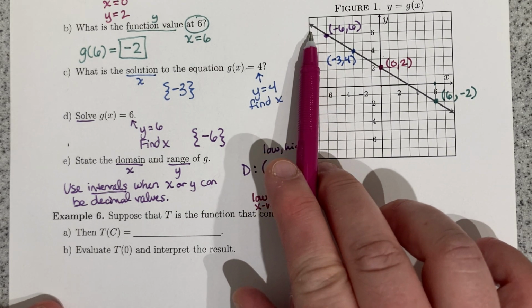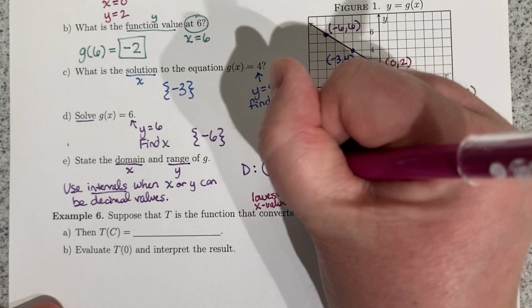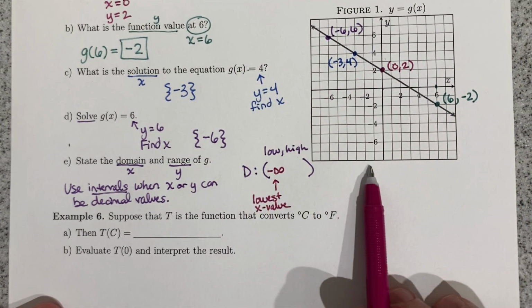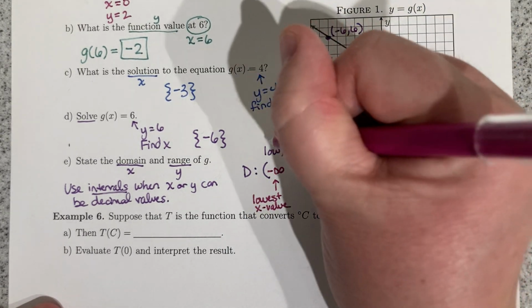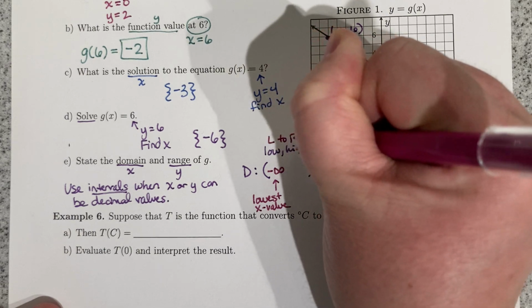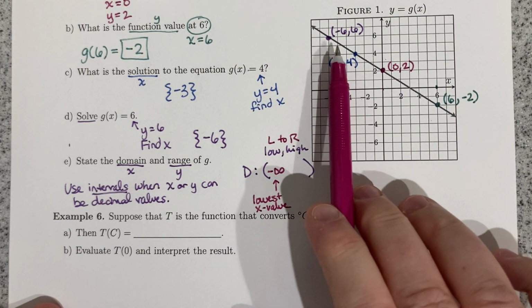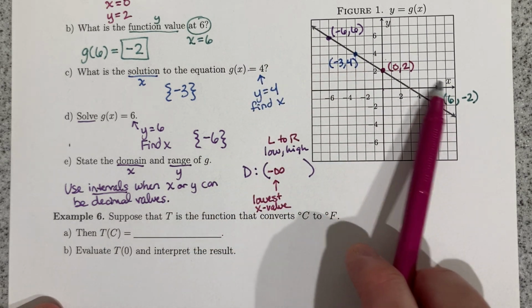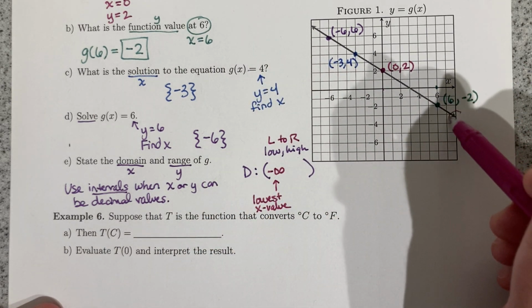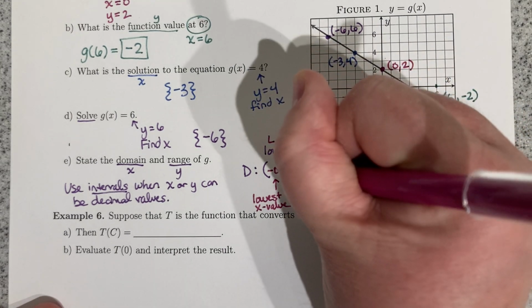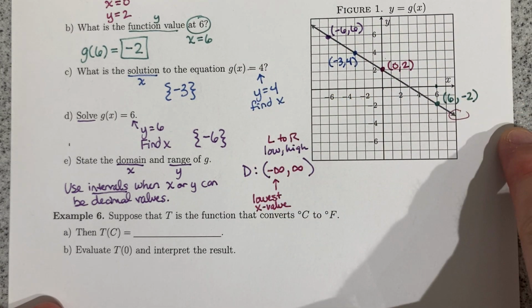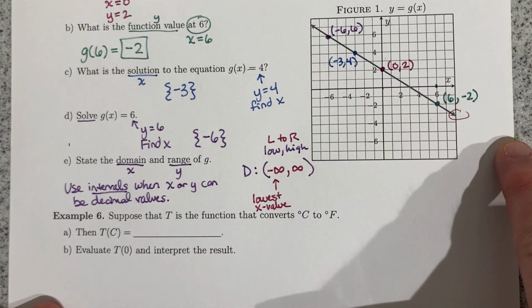Oh wait, there's this arrow. That arrow means it goes down to negative infinity, to the left. This is left to right for domain. Let's do the same with the highest x value. If we follow this all the way here, this arrow says it goes to positive infinity. So when we go left to right, our domain is negative infinity to positive infinity.